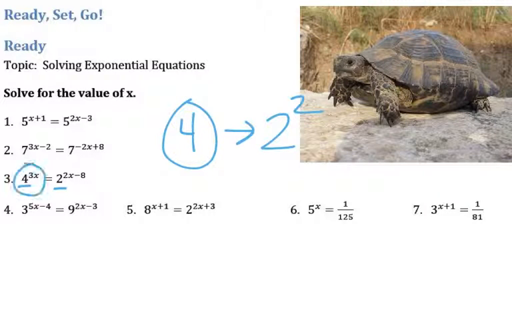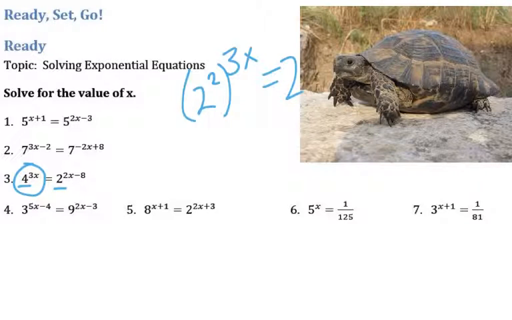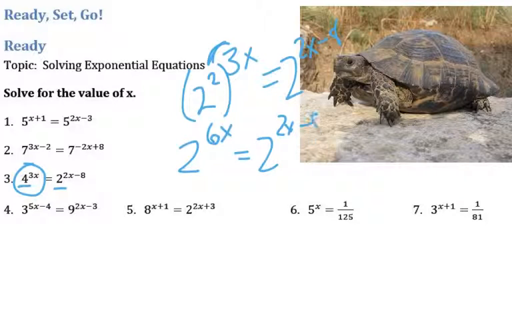So what we can do on this side is change its base by saying 4 is really 2 squared to the 3x. And remember, one of our exponential rules is that whenever you raise a power to a power, you multiply. So that's really 2 to the 6x equals 2 to the 2x minus 8.